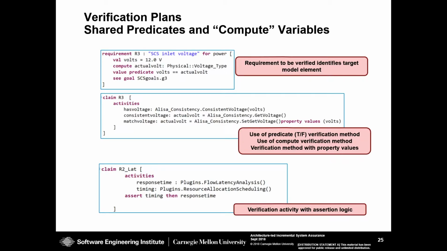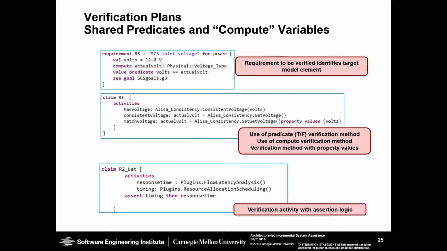The idea here is that we have a predicate that is specified once in the requirement and is applied to every verification activity. Another way of doing it is that the verification method itself has this particular predicate implemented in its code. It's often the case that you do that.